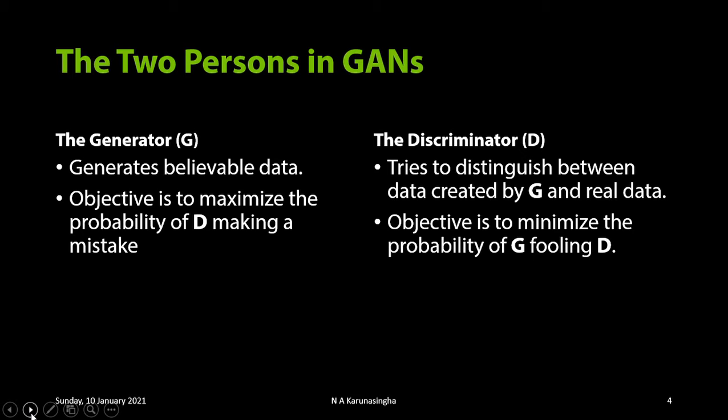If the discriminator is able to distinguish between fake data created by the generator and real data, then the generator loses, the discriminator wins. And if the generator successfully fools the discriminator into thinking that the data created by it is no different to real data, then the generator wins, the discriminator loses. So there is no situation where both these parties or both these networks win. One must defeat the other in every case.